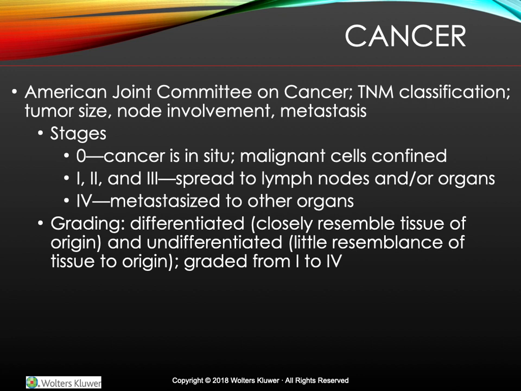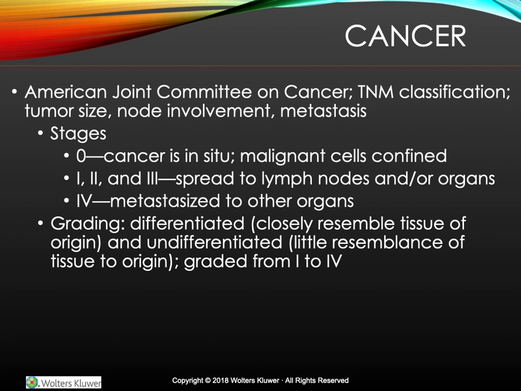In general, these two stages indicate larger cancers or tumors that have grown more deeply into the nearby tissue. They may have spread to the lymph nodes but not to other parts of the body. Then you have Stage 4, and this means that the cancer has spread to other organs or parts of the body. It may also be called advanced or metastatic cancer.